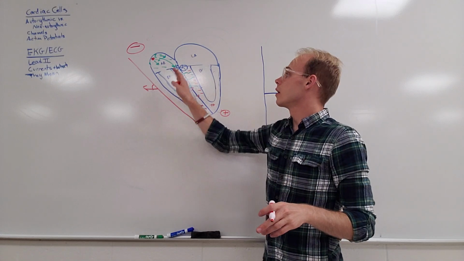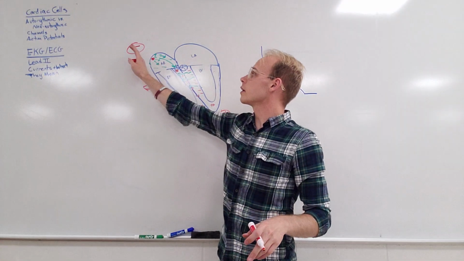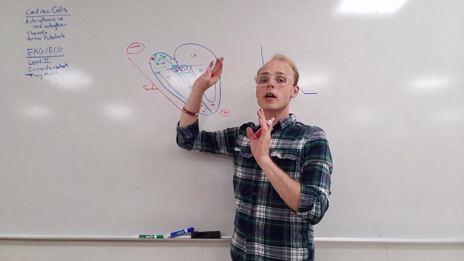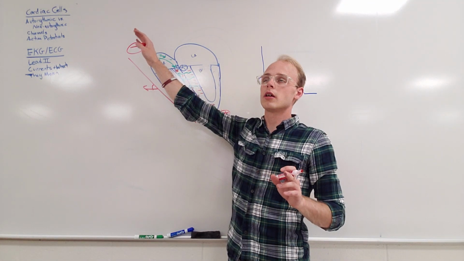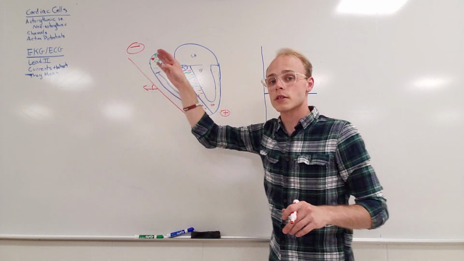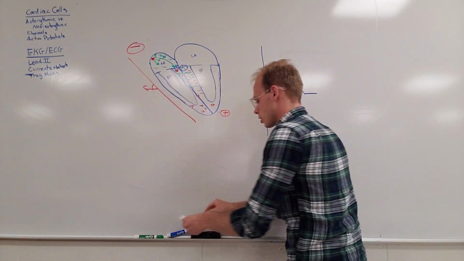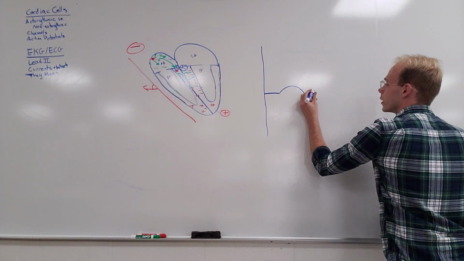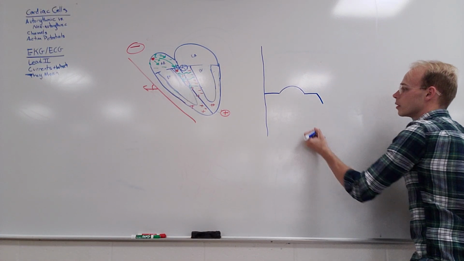So it's going to be some kind of negatives heading towards a negative electrode. So positive charges moving towards the same electrode, not positive charges moving towards the same charge electrode, causes a downward deflection. And so in our EKG, we get some kind of little blip like this.